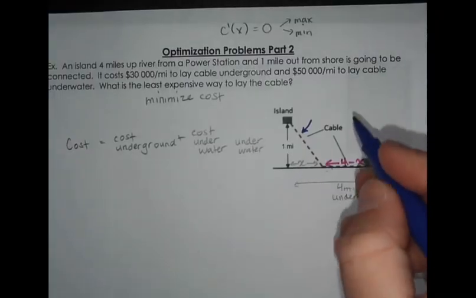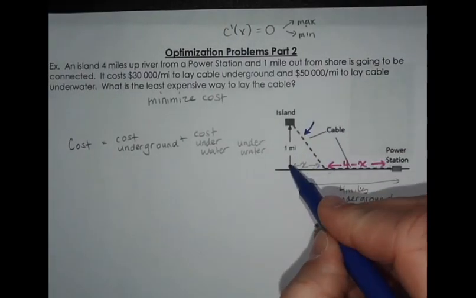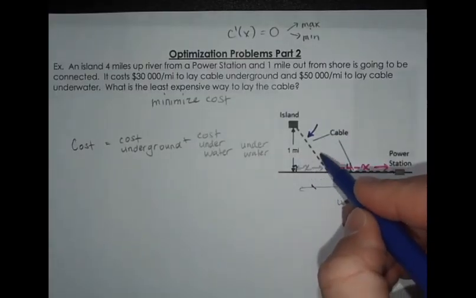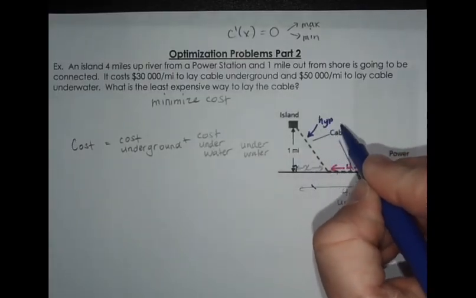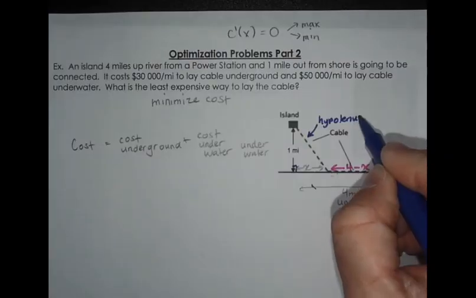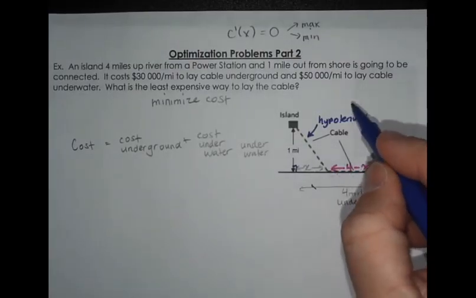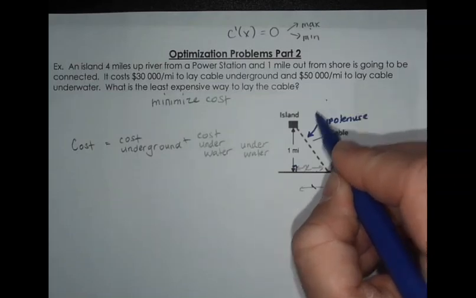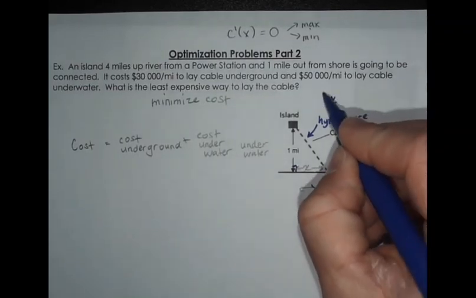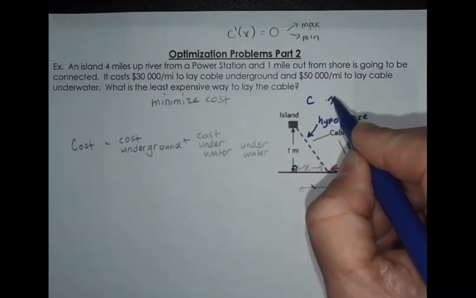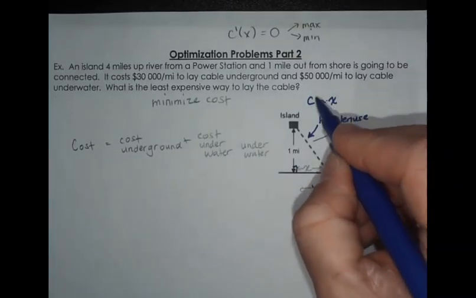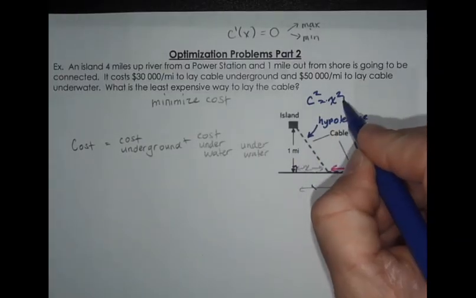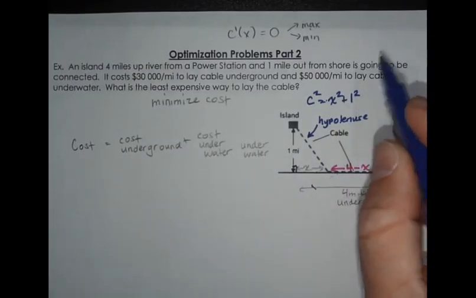Well, this is a right angle triangle, so we can use the Pythagorean theorem. I've got to find my hypotenuse here. If I call my hypotenuse c, that would be c squared equals x squared plus 1 squared, which is 1.